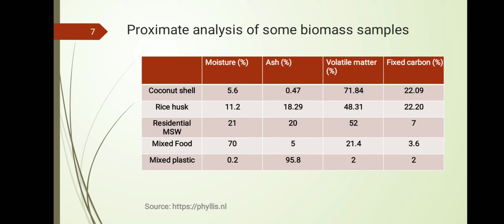All these are taken from journals and other important work, so you can use that, because we cannot do this proximate analysis in our laboratory as we require a furnace and very high temperature. So if that is not available, we can take this data from journals and the database phyllis.nl.